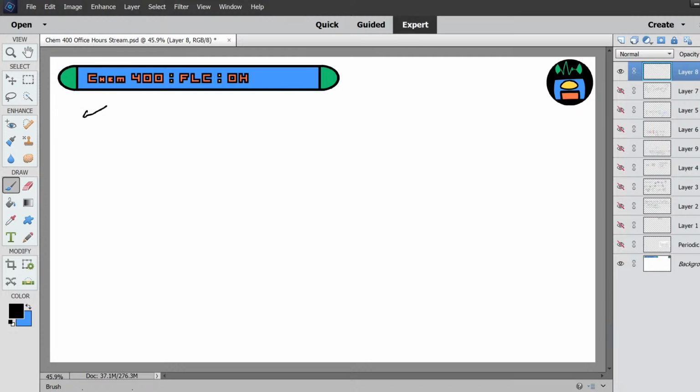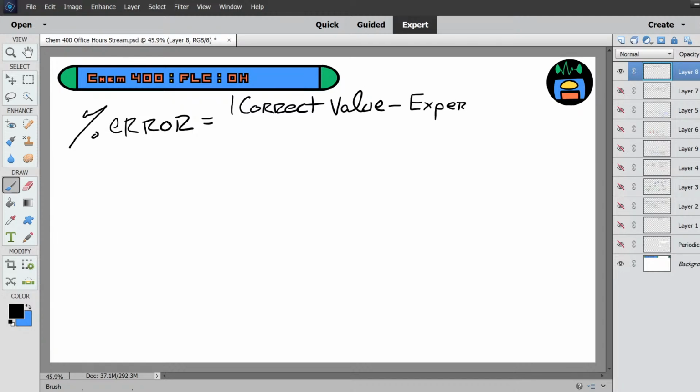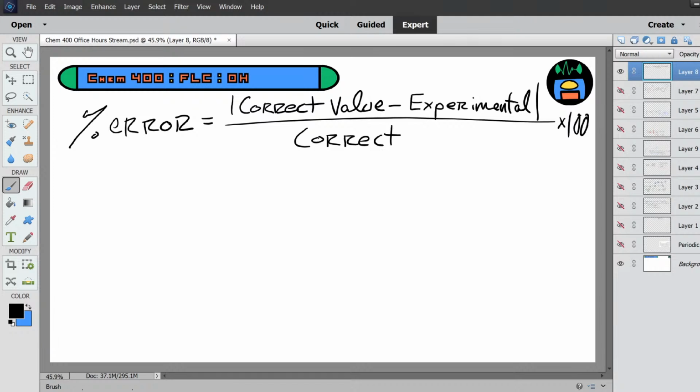You can calculate a percent error for any quantity, and it's equal to the absolute value of the correct value minus the experimental value, divided by the correct value, times 100.